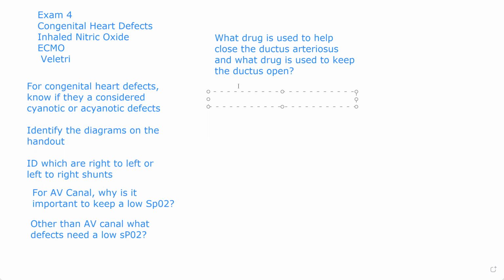The more blood that's coming back to the right heart and getting into the aorta, the more desaturations the baby is going to have. So if we have a lot of blood coming back to the right heart, a lot more deoxygenated blood will get into the aorta.